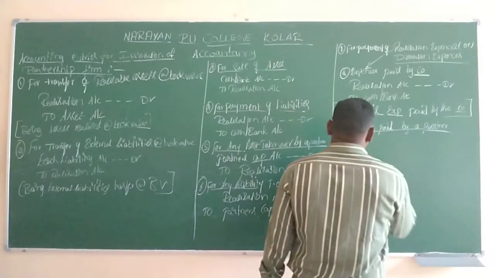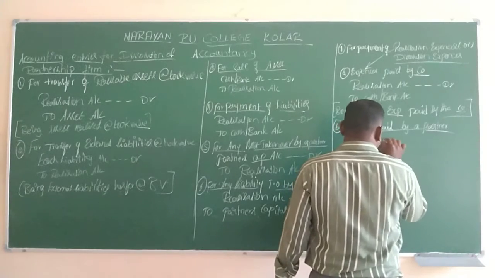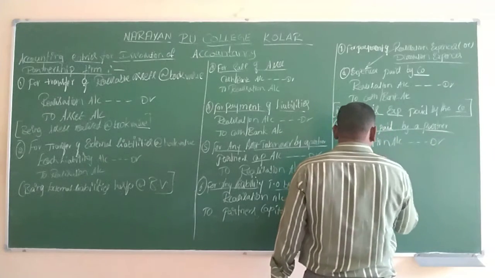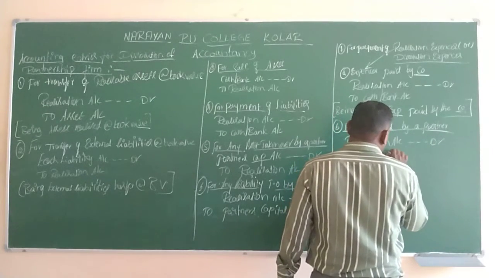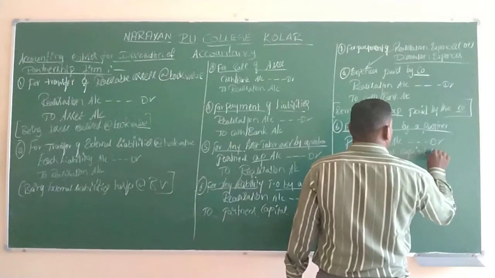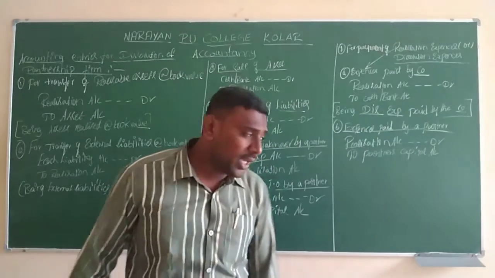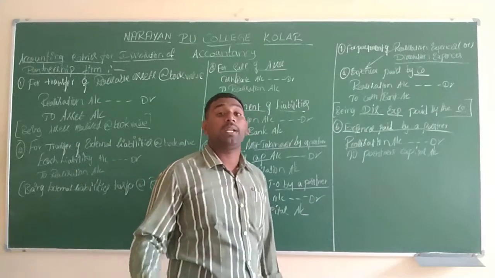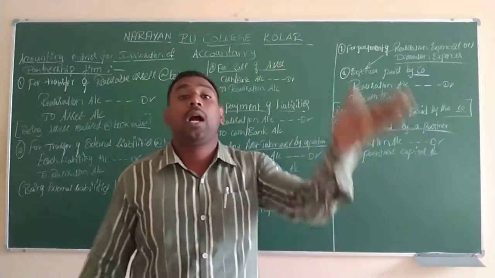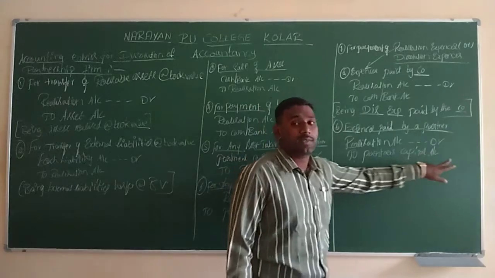Here we write realization account debit, to partner's capital account. So if the expenses are paid by the partner, we record the value on the debit side of the realization account, and the same amount is credited under the heading partner's capital account.